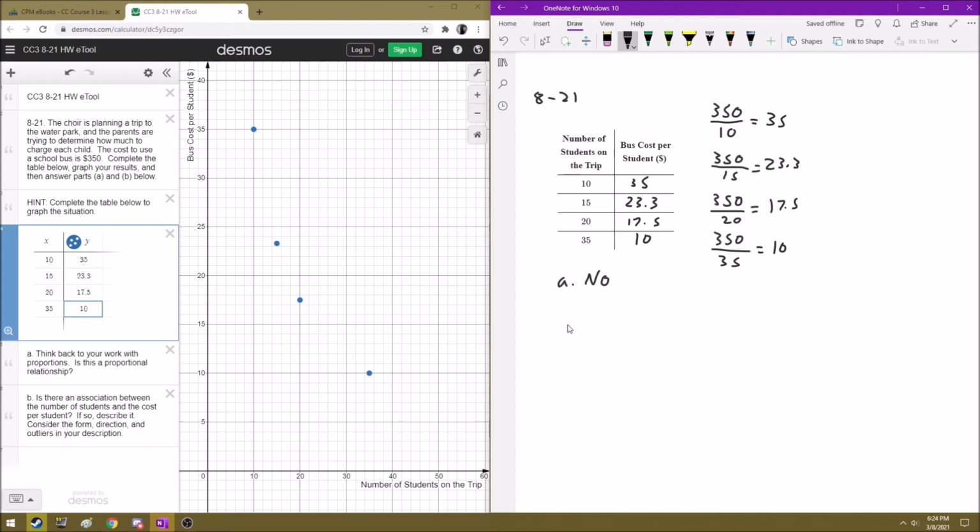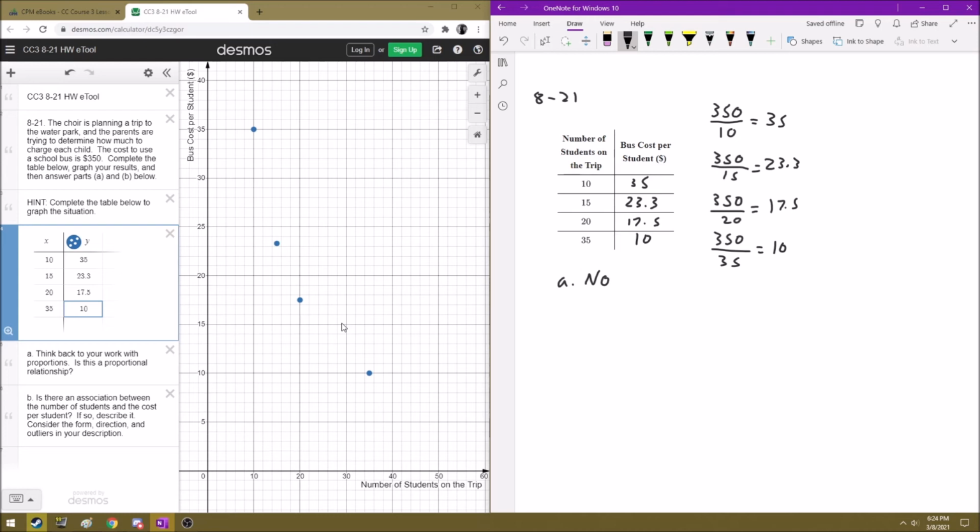The answer to B, there is still a relationship. If we look at these data points, it looks like there is some relationship, just not proportional. So B asks, is there an association between the number of students and the cost per student? If so, describe it, considering the form, direction, outliers, and all that.